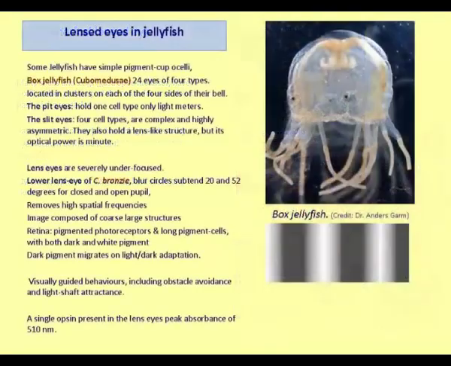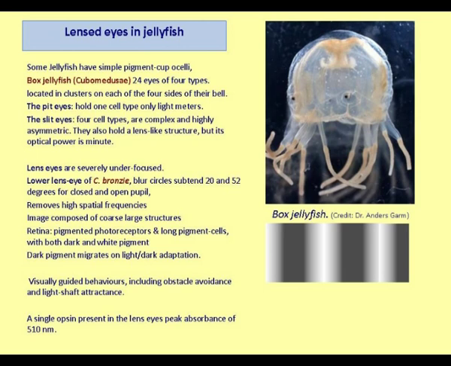This fearsome-looking creature is a box jellyfish, and fearsome indeed. They are rather dangerous. Now, many jellyfish have developed pigment cup ocelli, the very simple eye that we mentioned before. But the box jellyfish has gone one further. In fact, it's got 24 further. It has 24 eyes, and it has 4 different types of eyes. They're located in 4 clusters, and each has within it 4 types of eyes.